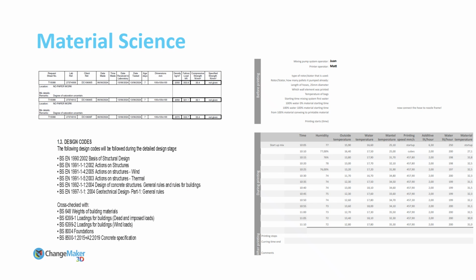You can also see on the screen some of the environmental testing and data sets that are recorded through robots, including things such as humidity, air temperature, water temperature, speed of robot, and speed of layering. All of these factors help to inform the design process, thinking about the way in which the robot has free form, but also understanding its limitations, particularly whether it's a robot or a gantry printer.